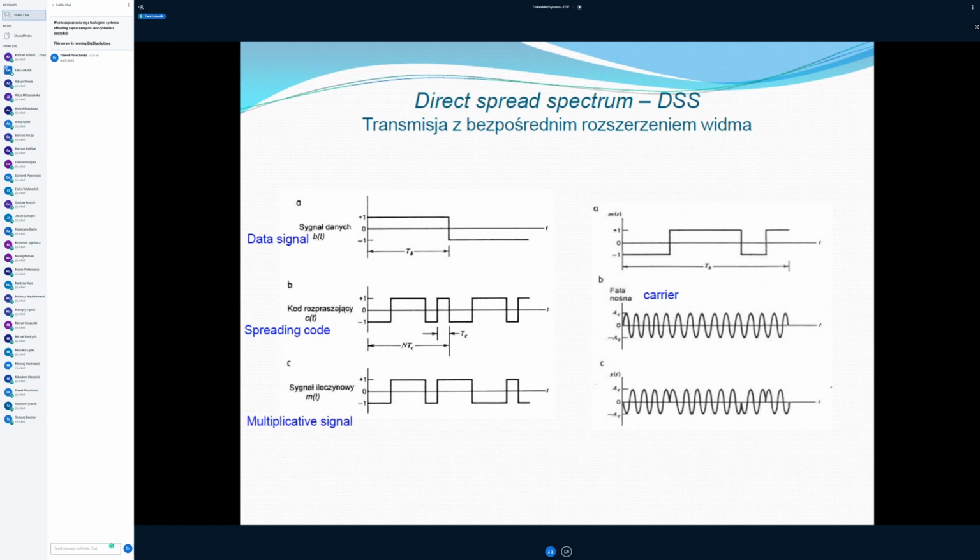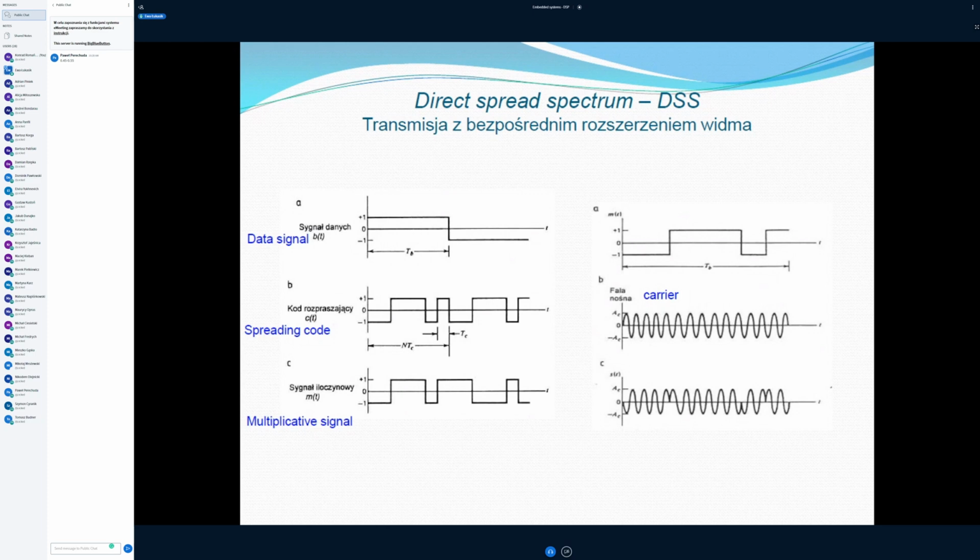And if this signal is pseudo-random, there are no periods within these 127 bits, then we do not see any periodicity. It's pseudo-random. It's like noise.